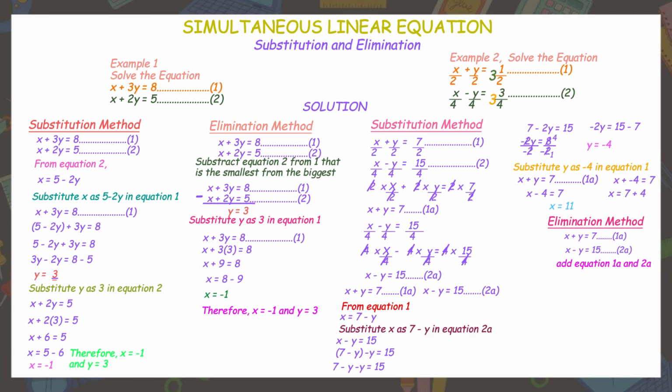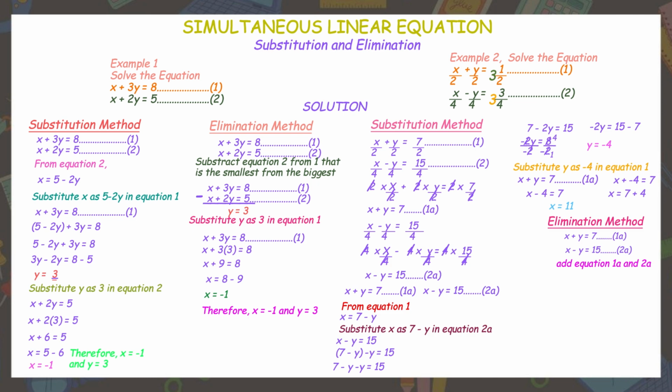And if you say add equation 1 and 2, one variable will be eliminated. So if you say add equation 1 and 2, that means we are going to have that x plus x, that will be 2x. So to get x first, add equation 1a and 2a.